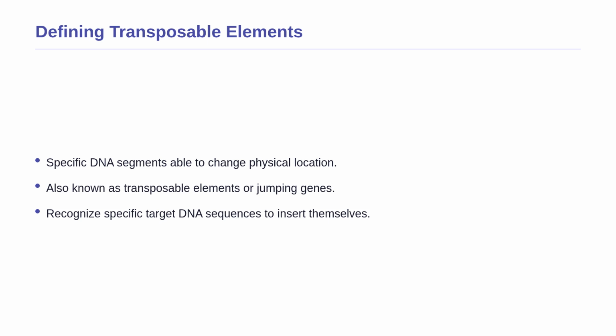When these elements move, they recognize specific DNA sequences in the host genome. Once they find their target, they cut themselves out of their original location and insert themselves into the new target site. This remarkable ability to relocate is why they are often informally called jumping genes, and it fundamentally alters the genetic landscape of the host bacteria.